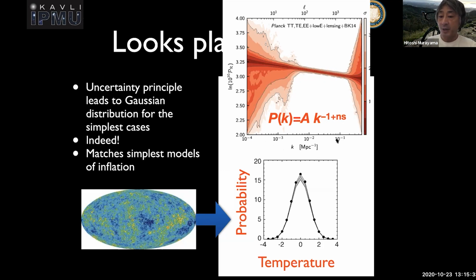It really does suggest that something that goes exponentially is the right idea to understand this data. And so both the fact that the fluctuation seems beautifully Gaussian, and also that you have this very simple power law extending over many orders of magnitude, both of them are believed to be very strong support of the idea of inflation.